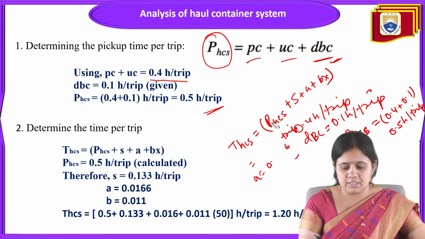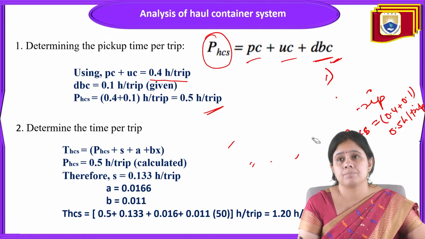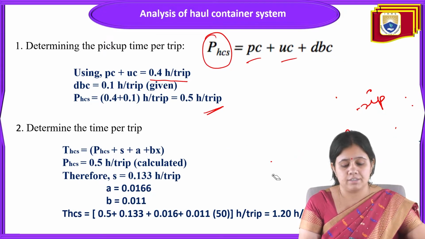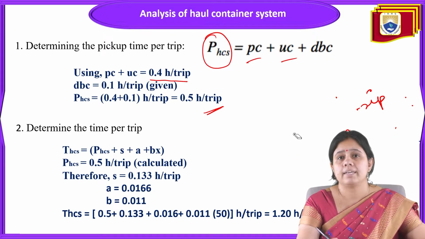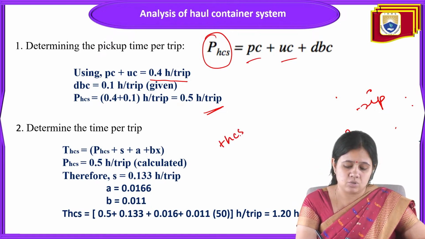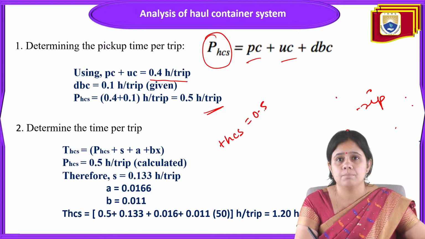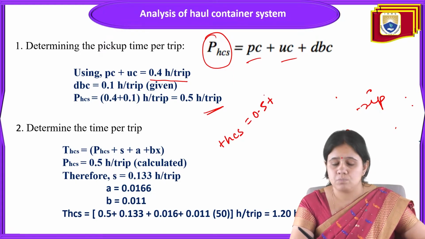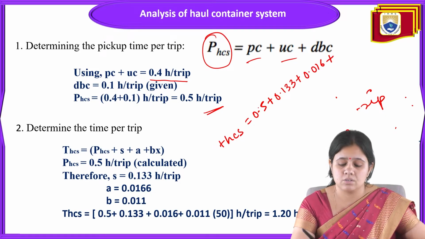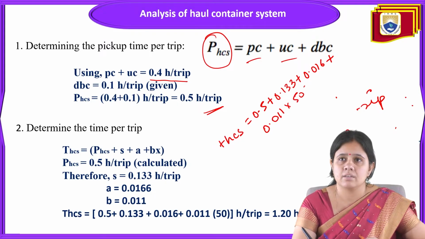So for calculating the THCS, the time taken for hauling one container, THCS is equal to 0.5 plus 0.133 plus 0.016 plus 0.011 into 50 hours per trip.